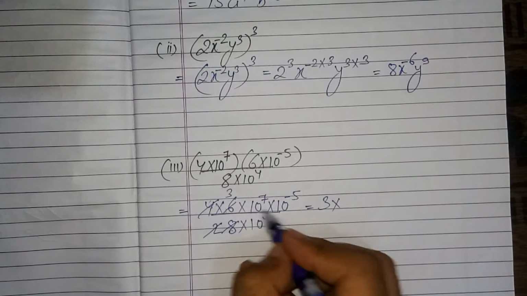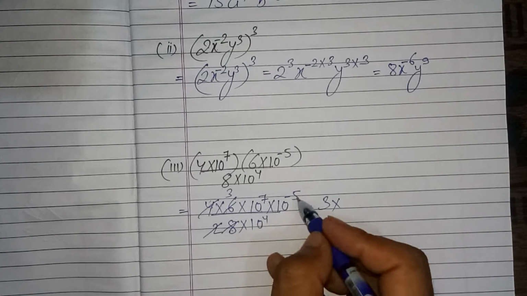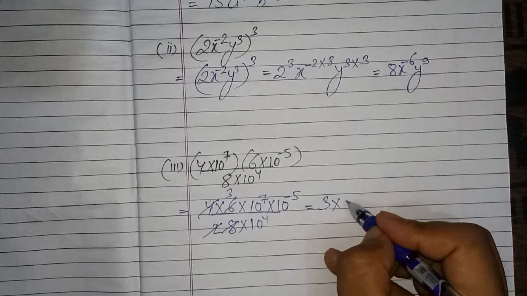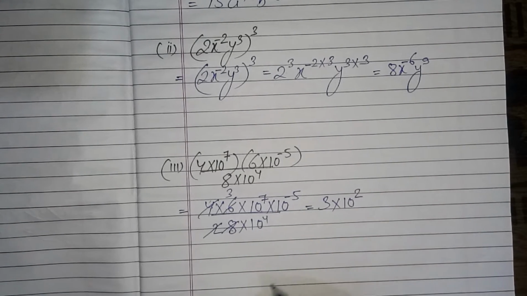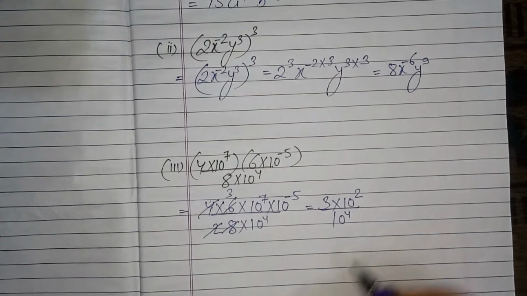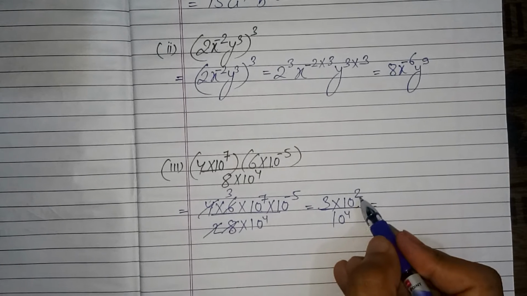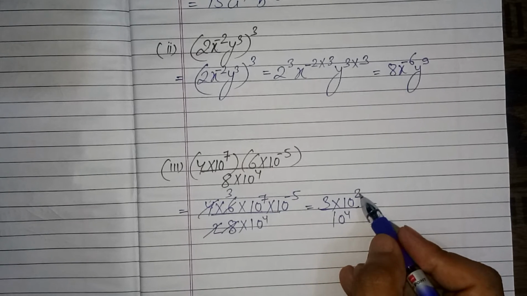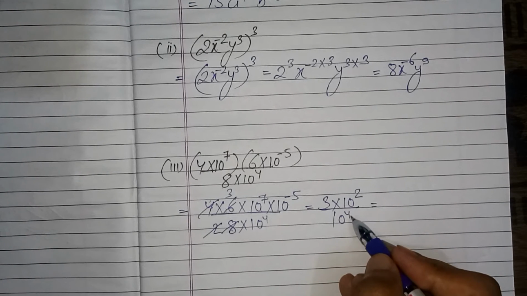Here the bases are the same, so the powers get added: 7 plus (-5) is 10^2, now divided by 10^4. If I bring this 10^2 to the denominator part, then simply the power of the numerator gets subtracted.